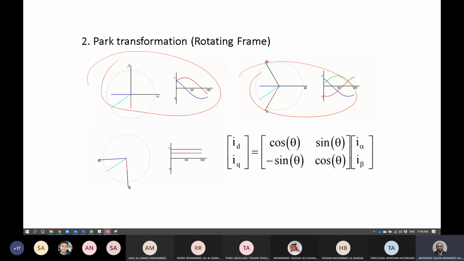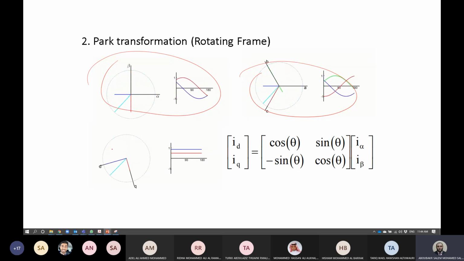This is simply if we assumed another 2 vectors like alpha and beta, but instead of having a stationary frame, it will be a rotating frame.